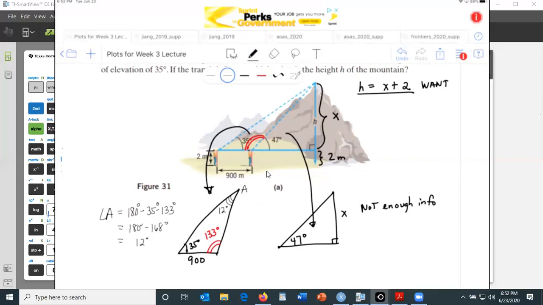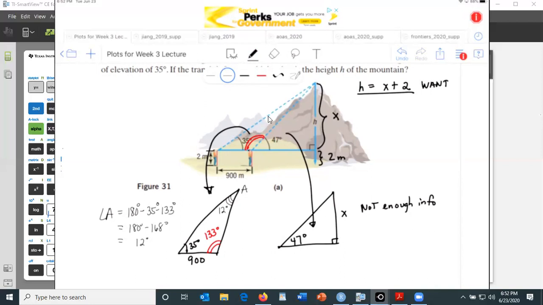Now what we're going to do is find this top side here, this dotted side, because once we solve for that, we're going to use the entire diagram as one big triangle to find the missing side x.